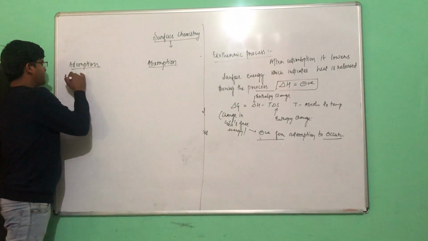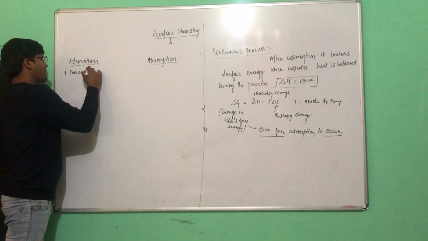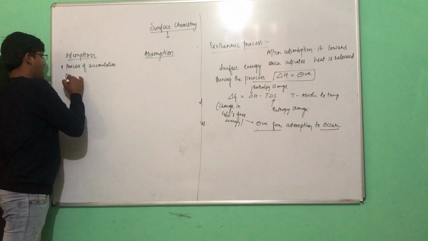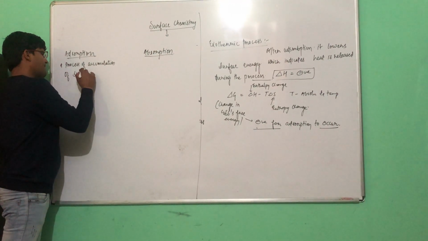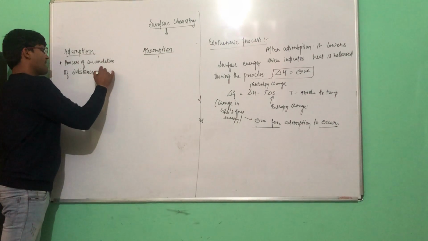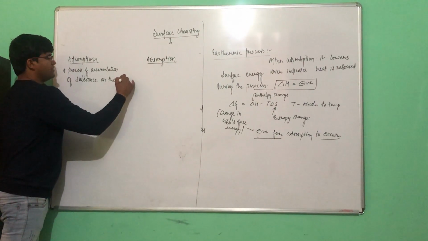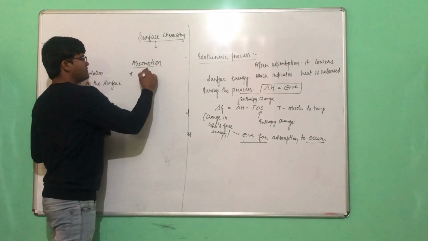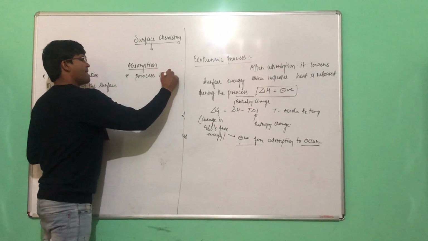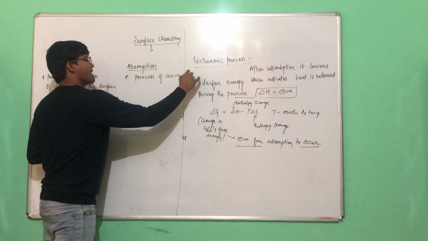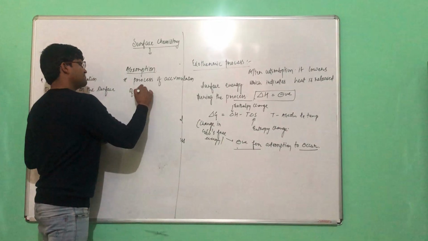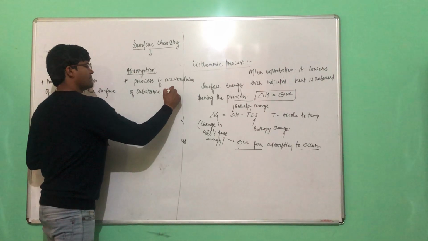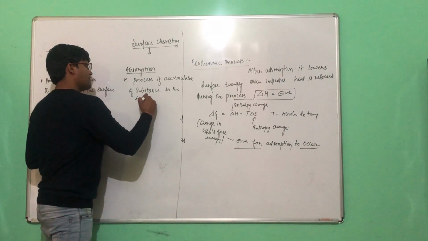Adsorption is the process of accumulation of a substance on the surface, and absorption is the process of accumulation of a substance in the bulk.